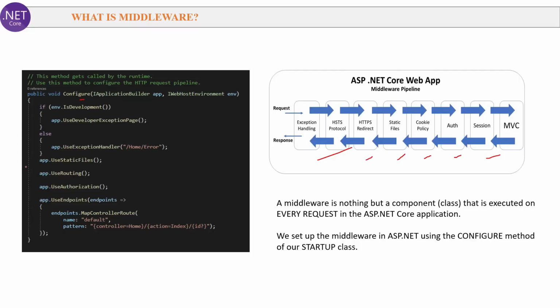All these methods inside the Configure method, like UseStaticFiles, UseRouting, UseAuthorization, are middleware components which are part of the request pipeline. So every time a request comes to the server, all these methods will execute in the same sequence in which they are mentioned.